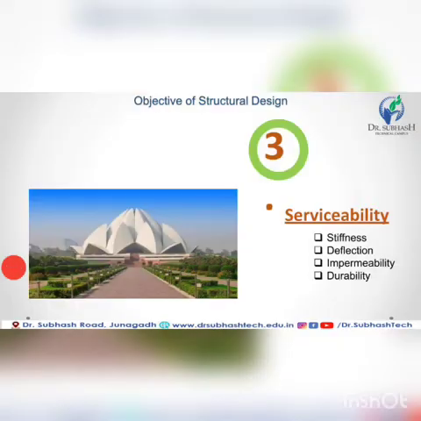Next, serviceability. What is serviceability? It implies satisfactory performance of the structure under service load without discomfort to the user due to excessive deflection, cracking, vibration, and so on.